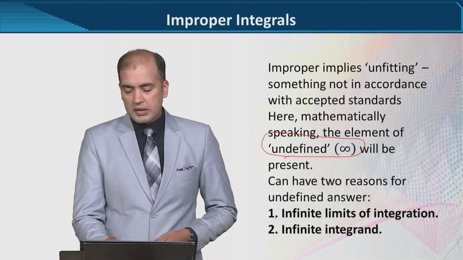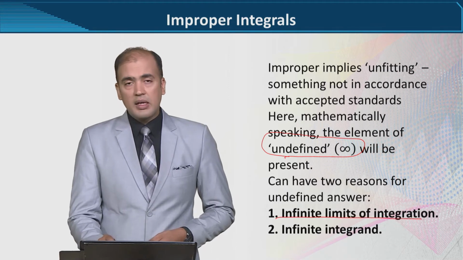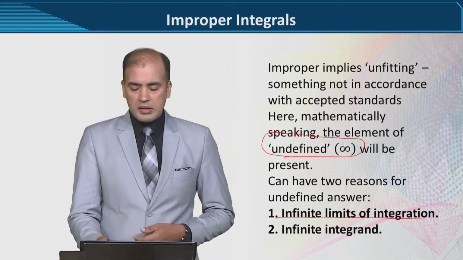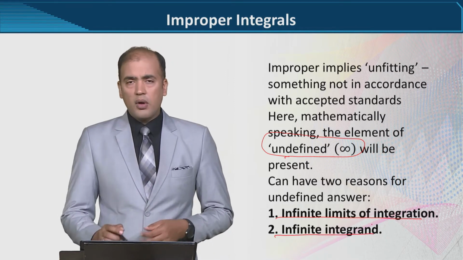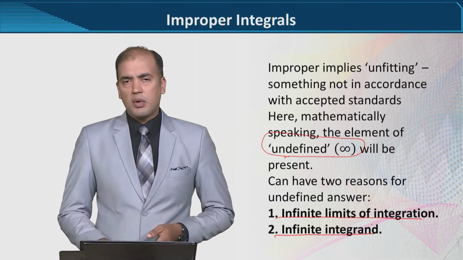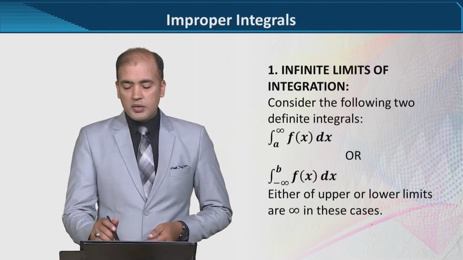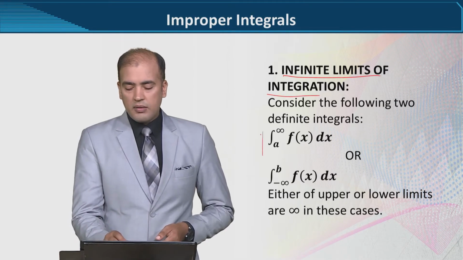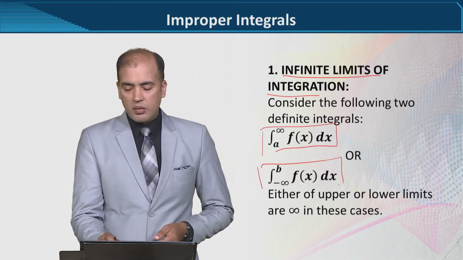The first one is infinite limits. They can appear in integration, either lower or upper limits, or the overall integrand can become undefined. So let us talk about them one by one. I'm choosing the first one for elaboration, and as you can see, I have mentioned two possible examples.